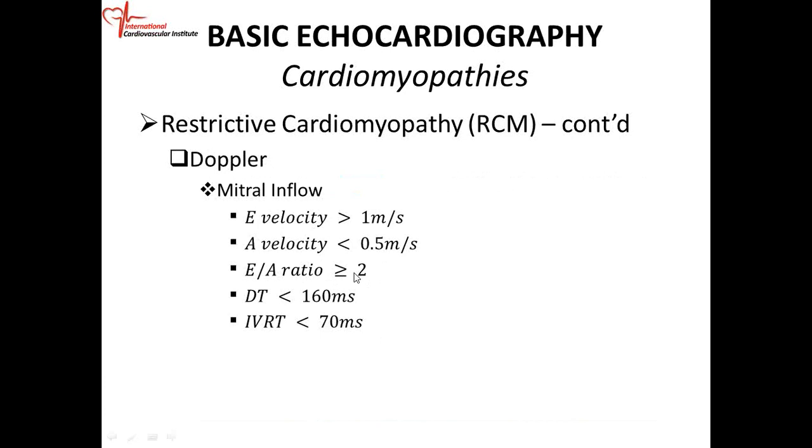Deceleration time is usually less than 160 milliseconds, and the IVRT is usually less than 70 milliseconds. These parameters give you restrictive physiology, and once you have restrictive physiology, that's a grade 3 diastolic dysfunction.